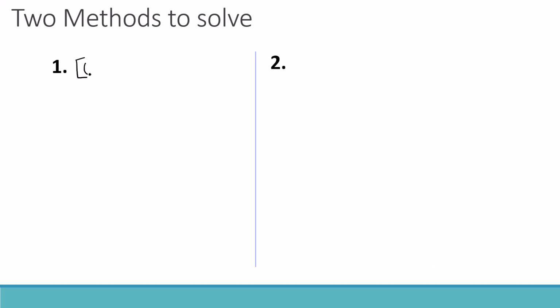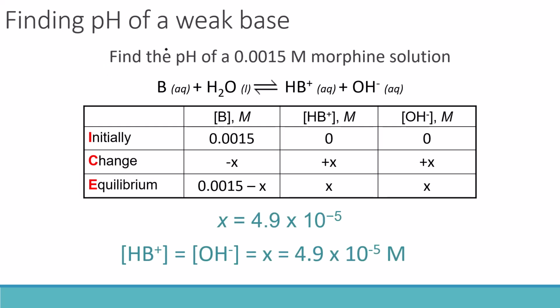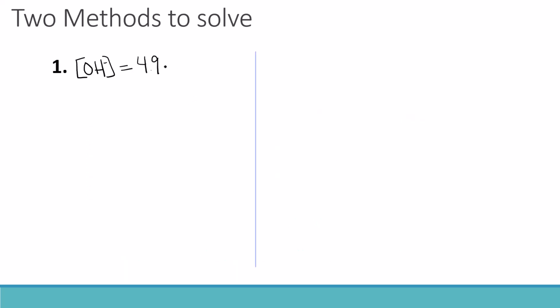If I have hydroxide concentration, I can then determine the pOH, which is just the negative log of that.